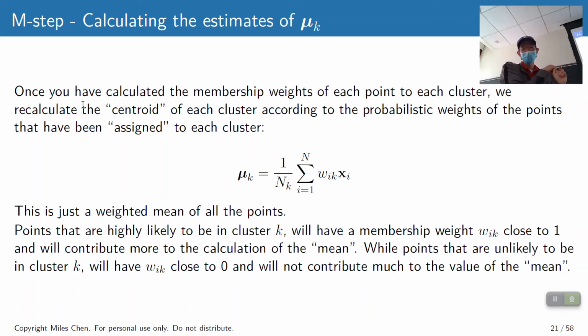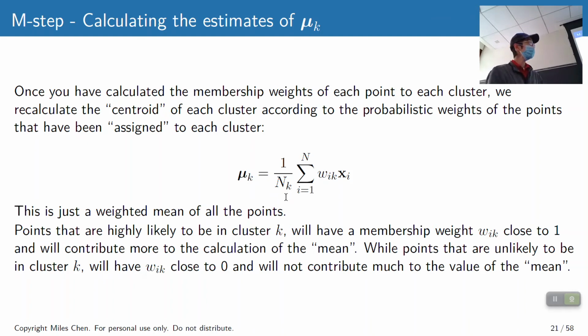Once you've calculated the membership weights, we're going to recalculate the centroid of each of these clusters, and here we do this by using a weighted mean. We take all of the points, multiply each point by the weight that it belongs to a certain cluster, add them up and divide by n.